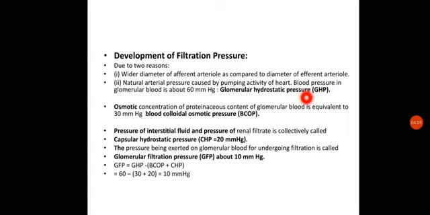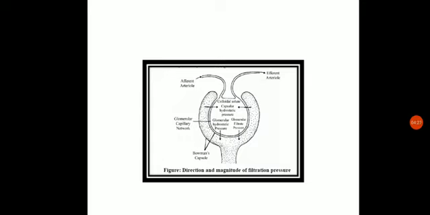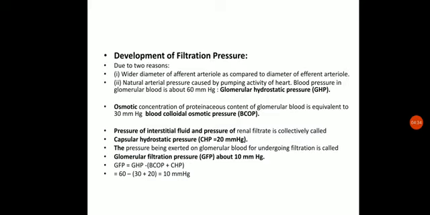It is a pressure exerted by the walls of capillaries due to the pumping action of the heart. Apart from this, the glomerulus and Bowman's capsule also have other pressures. The pressure exerted by the pumping heart is basically the glomerular hydrostatic pressure, GHP.